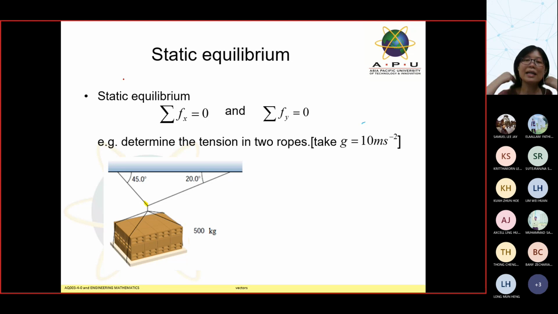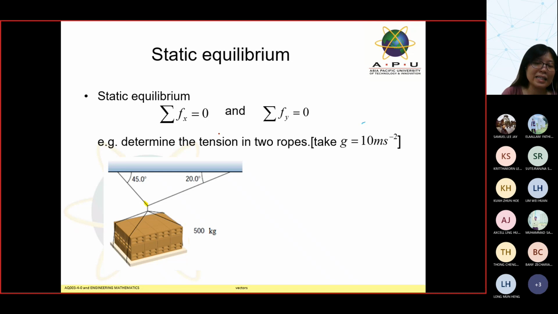Next, let's look at some problems in static equilibrium. What does static equilibrium mean? It means things are at rest. Nothing is moving, it's stationary.